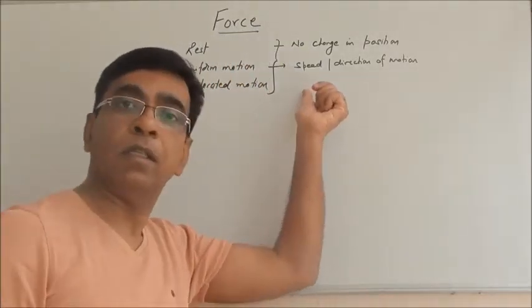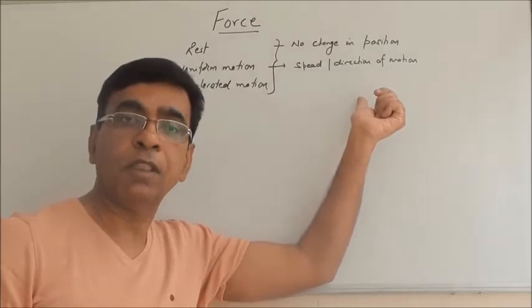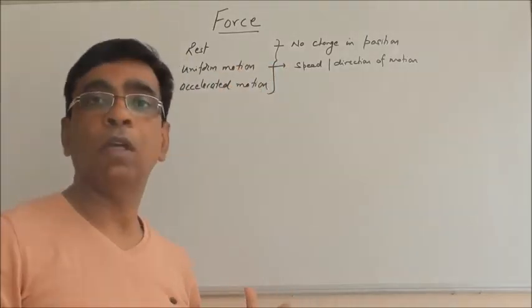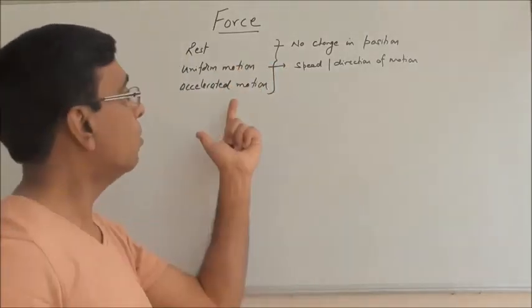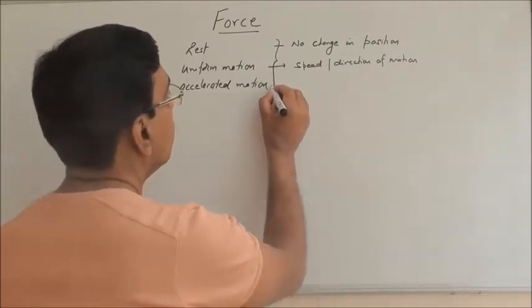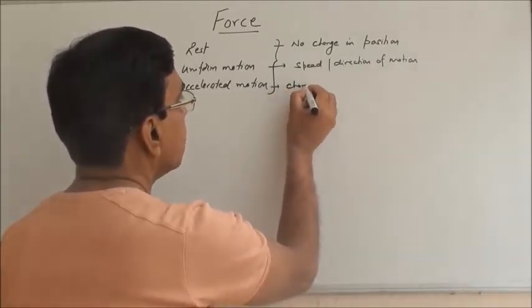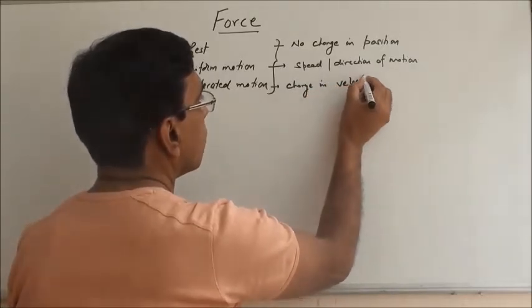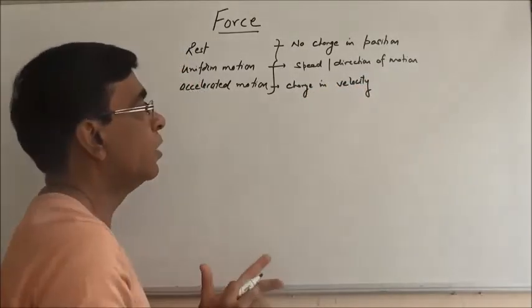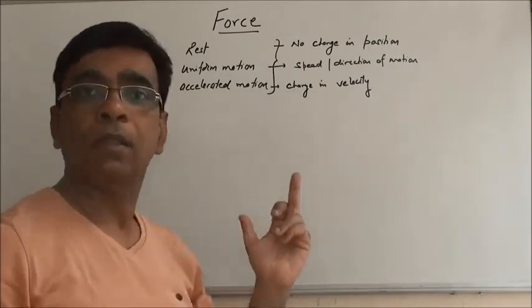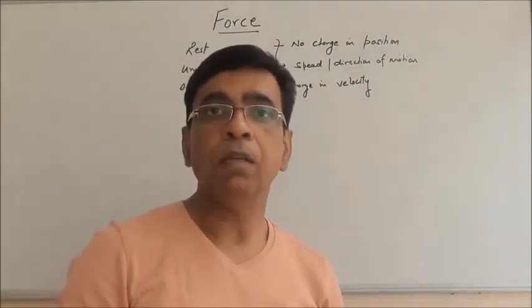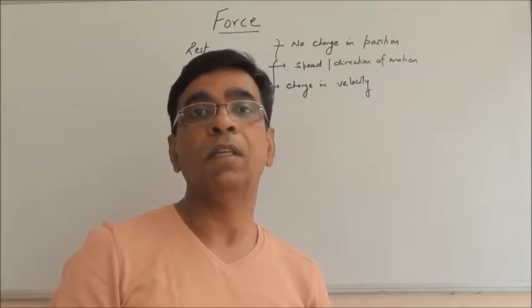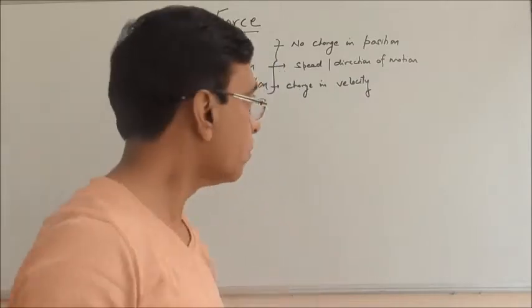If the speed changes or the direction of motion changes, the motion is no longer uniform motion and it becomes accelerated motion. So accelerated motion is change in velocity. Change in velocity means either the change in speed or change in direction of motion.